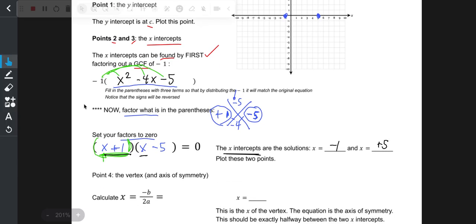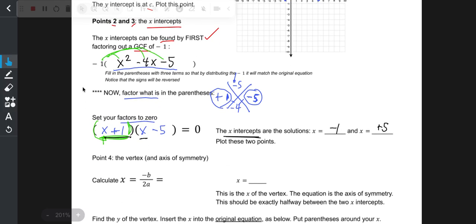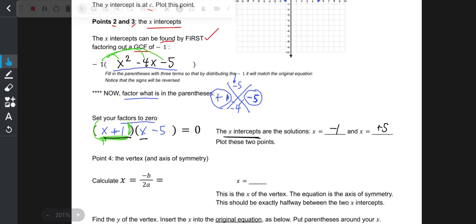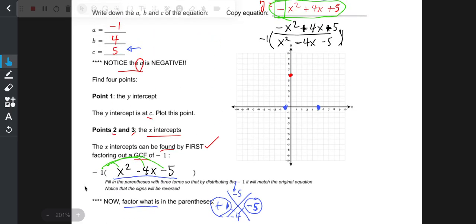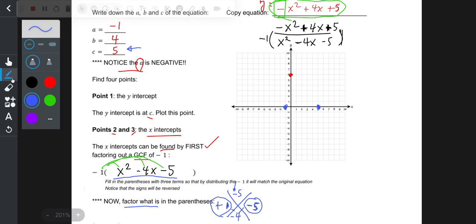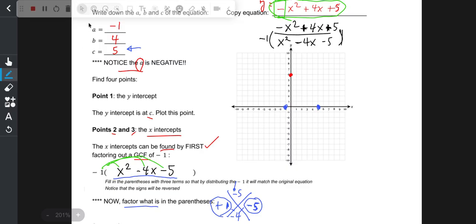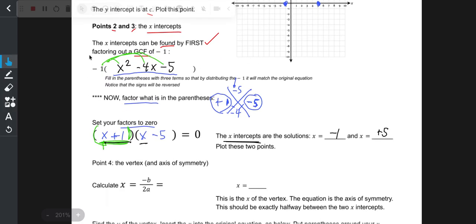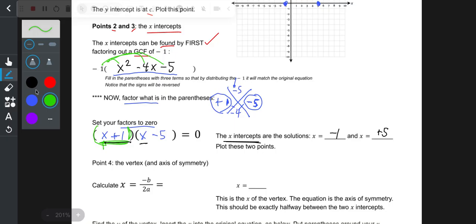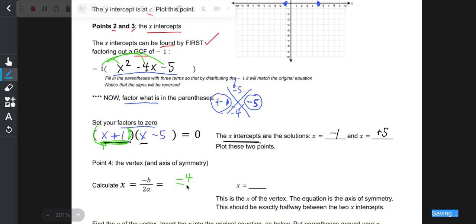Last, we're going to find the vertex. This is just the same as before. The B, A, and C, they don't change. They're still the same. So our B is 4, and our A is -1. So if our B is 4, then negative b must be negative 4.